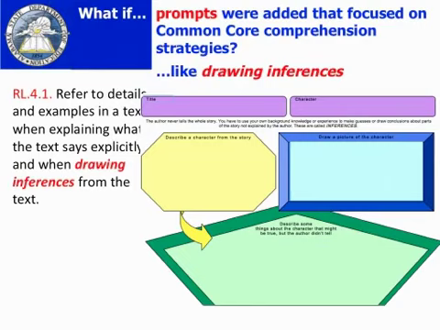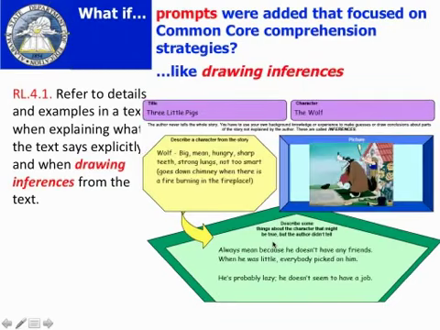You have to use your own background knowledge or experiences to make guesses or draw conclusions about parts of the story that's not explained by the author. Those are called inferences. So in this case, describe a character, draw a picture, describe some things about the character that might be true, but the author didn't tell. Of course, there are much more sophisticated versions of those as you move up in the grade levels.